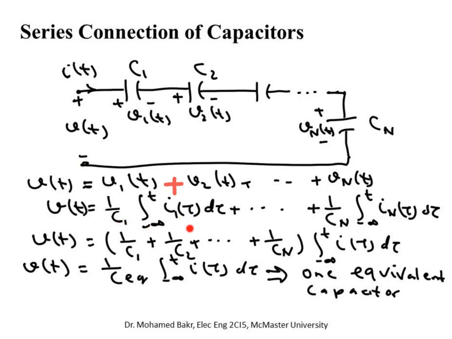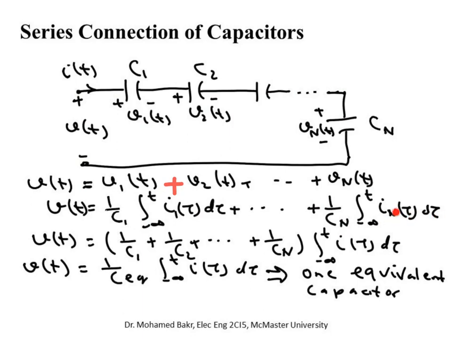So V1 is replaced by 1 over C1, the integral from minus infinity to t of I1 of tau d tau. V2 is going to be replaced by 1 over C2, the integral from minus infinity to t of I2 of tau d tau, and so on. And Vn, you replace it by 1 over Cn, the integral of its current d tau.